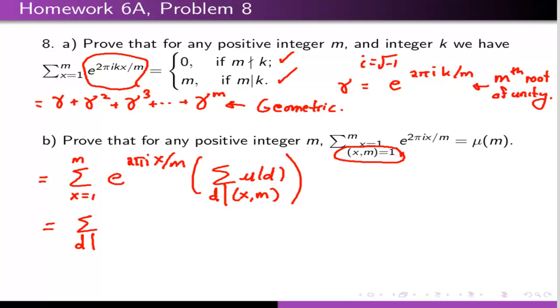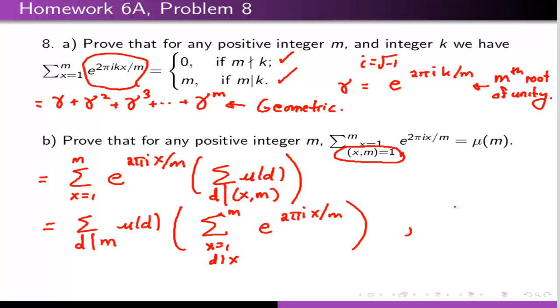This reminds us of an earlier problem. So d runs through divisors of m, mu of d. The difference is here we're summing over the exponential. So x is going from 1 to m, d divides x, e to the 2 pi i x over m.